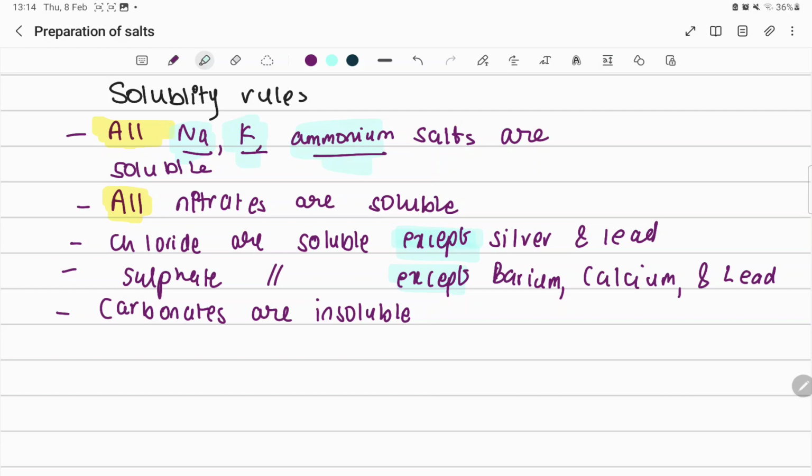Hydroxides are also insoluble, basically the same thing as carbonate, with again the exception of the ones that are always soluble, which is sodium, potassium, and ammonium.